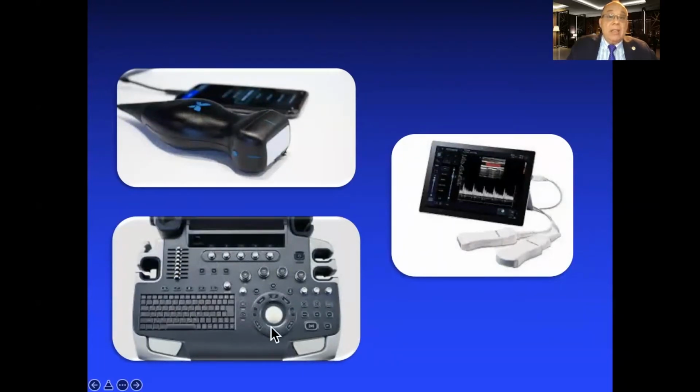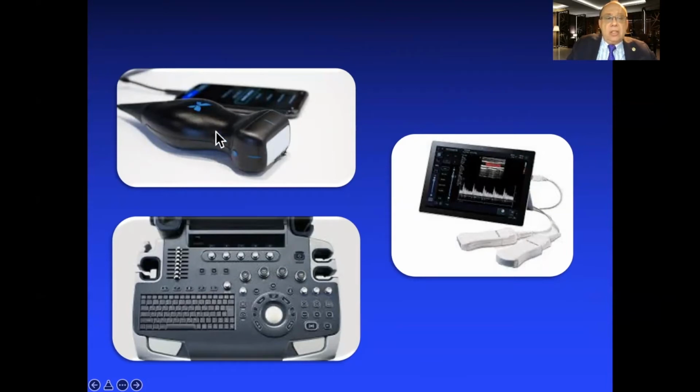This is the car-based, the regular one that we have in our labs. We can take it to the emergency room or we can take it to the hospitalization area and perform a POCUS assessment. This is a very interesting machine because it's a multi-purpose machine.